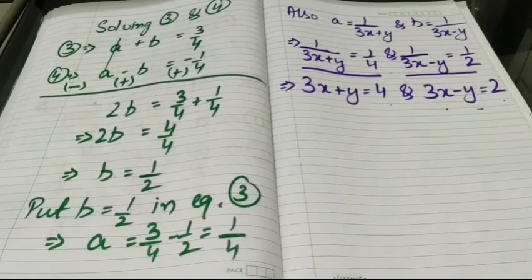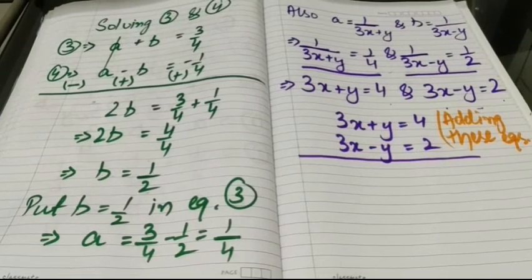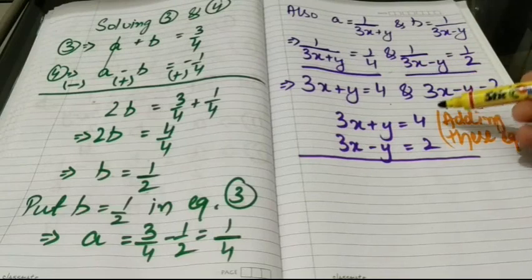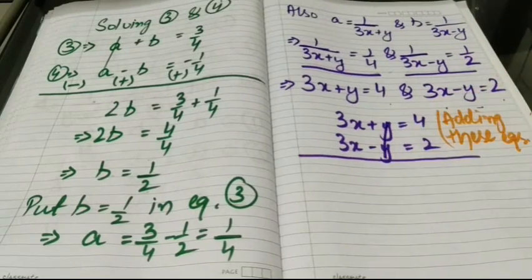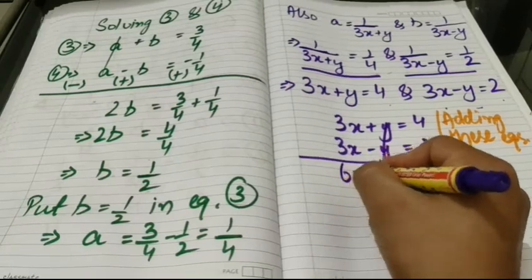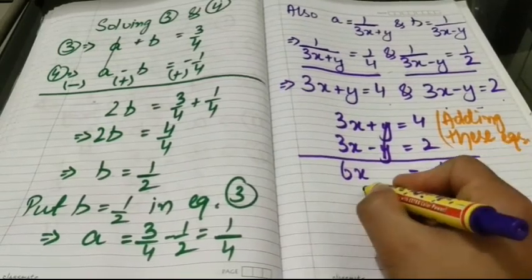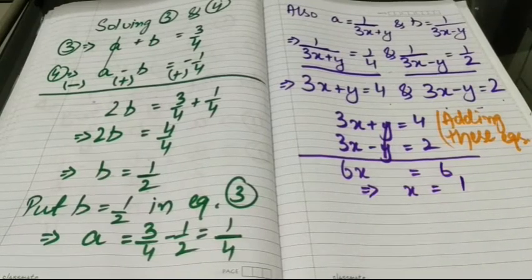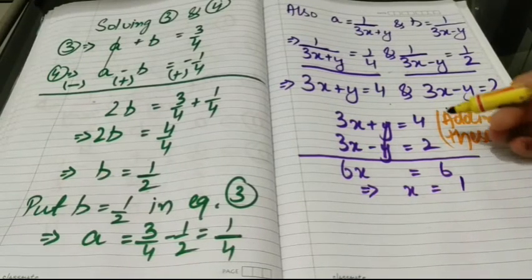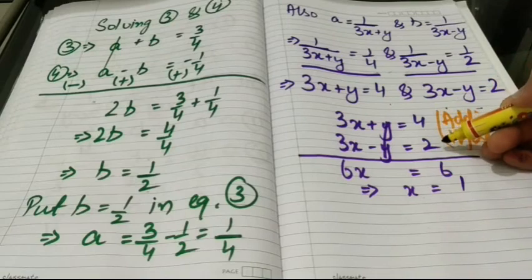Now we will solve these two equations by any of the methods, and that is how we can find the value of x and y. If we add these two equations, that is by elimination method, we see that 6x equals 6, or the value of x becomes 1. This value of x equals 1 should be put either in this equation or in this equation.